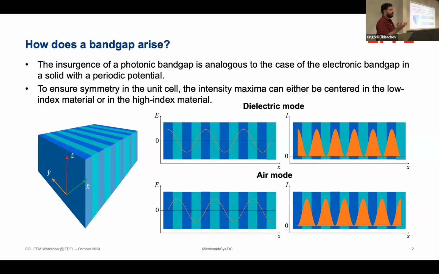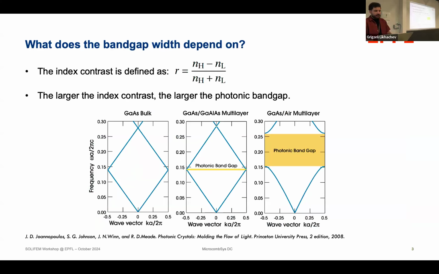If you were using silicon oxide, it would be 1.44, but it's called air in the literature. So these two modes look very similar, but clearly they have different energy profiles, given that they're centered in a material with a different refractive index.